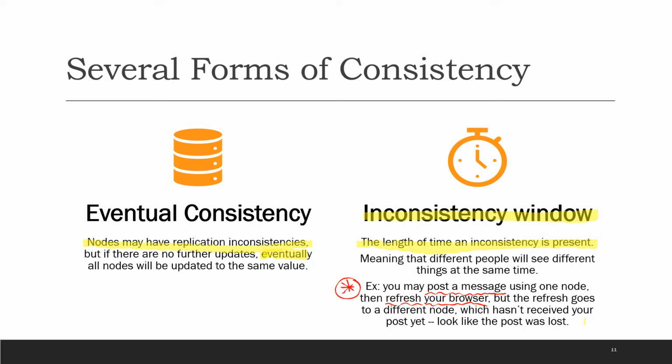So you may think that your post was lost, which actually it is not, but it went to another node and it will take a little more time, the inconsistency window time, to make every node have all the consistent data.